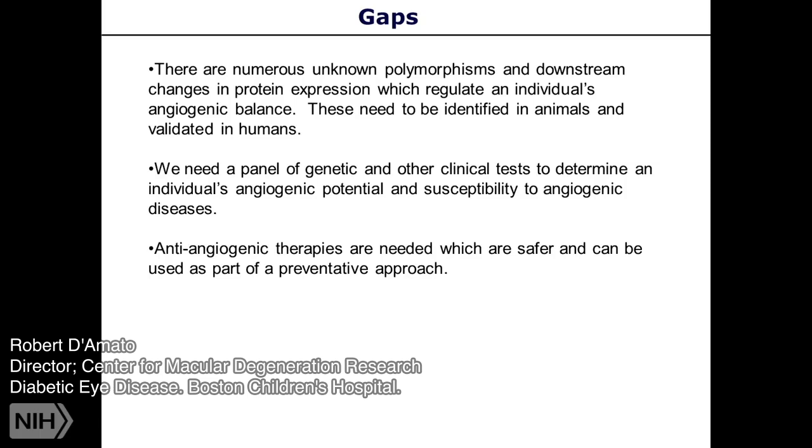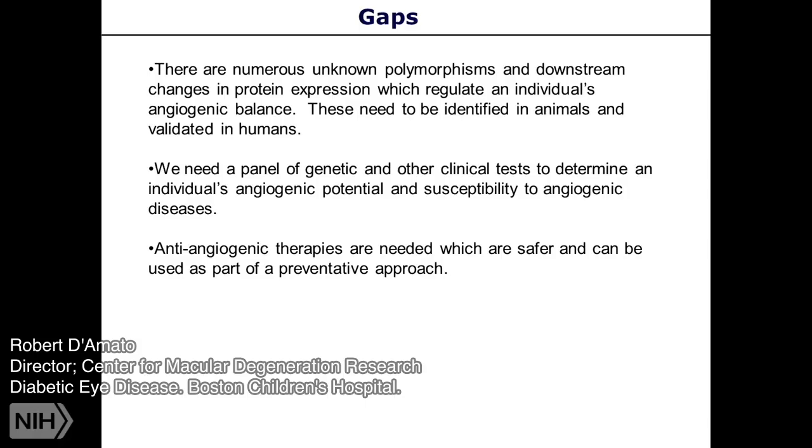If we have that, then we would be able to develop a panel of genetic tests. We could take your blood and say, you've got these mutations. You have a mutation in the thrombospondin receptor, and that makes you a higher angiogenic person. Or you might have a mutation in the VEGF receptor that makes you a lower angiogenic person, and then understand how that's going to affect your susceptibility to angiogenic diseases.